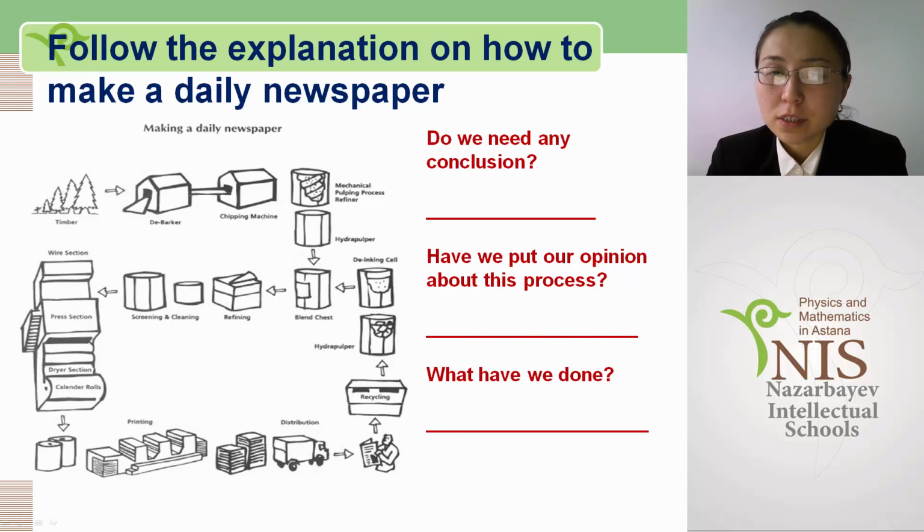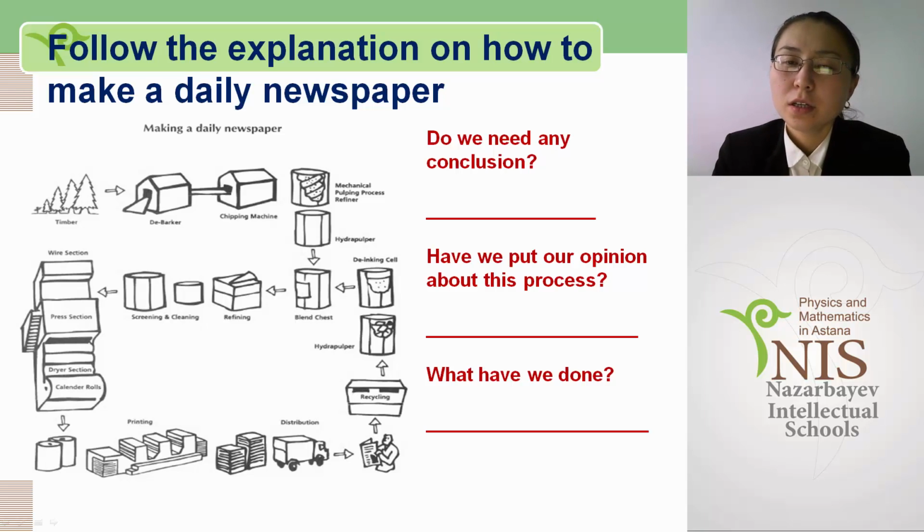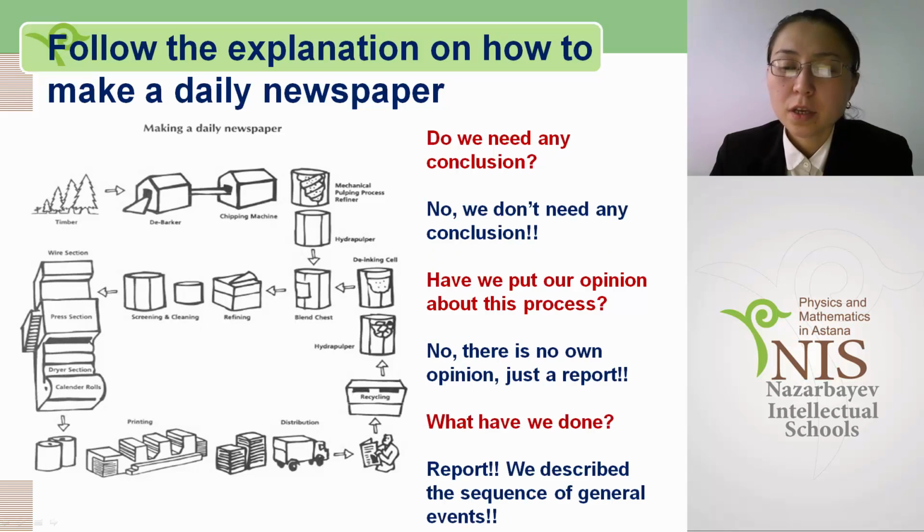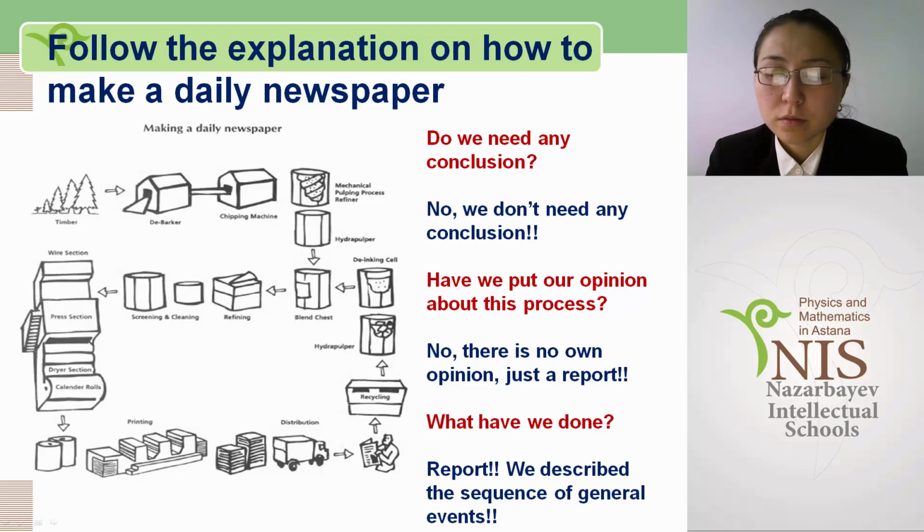Okay, and now some questions for you to check. Have you learned and understood everything we did today? Do we need any conclusion when we describe a process? Have you noticed? Of course, we don't need any conclusion. No conclusion. Have we put our opinion about this process?